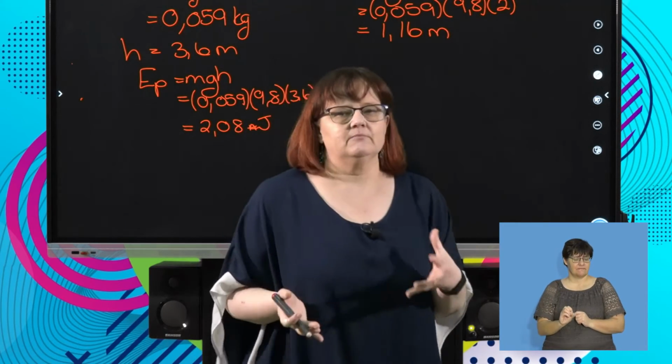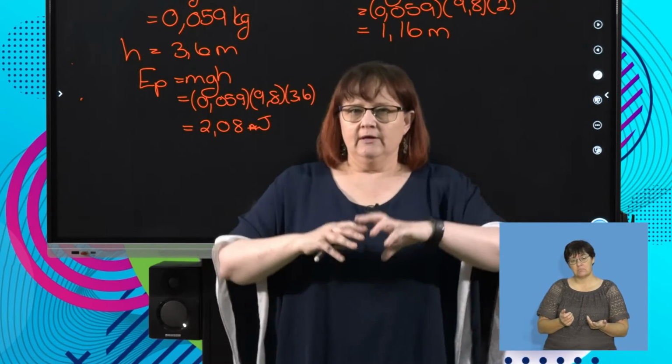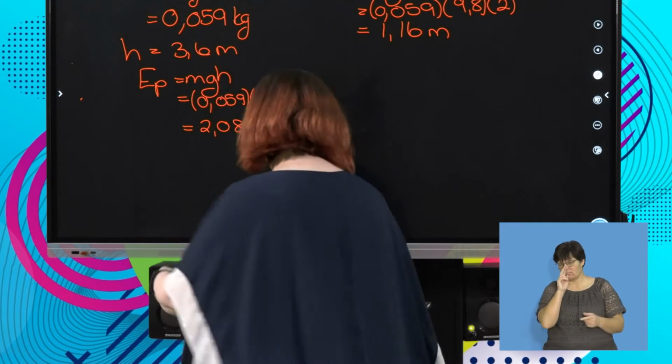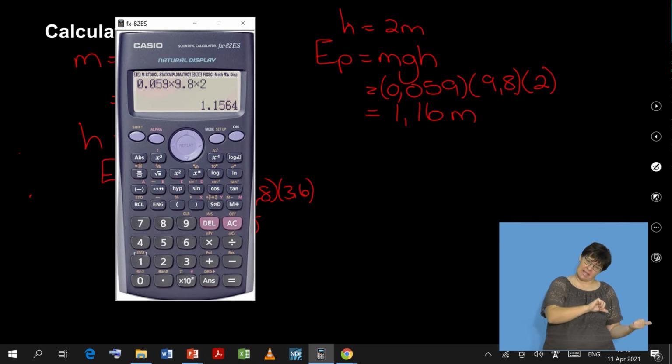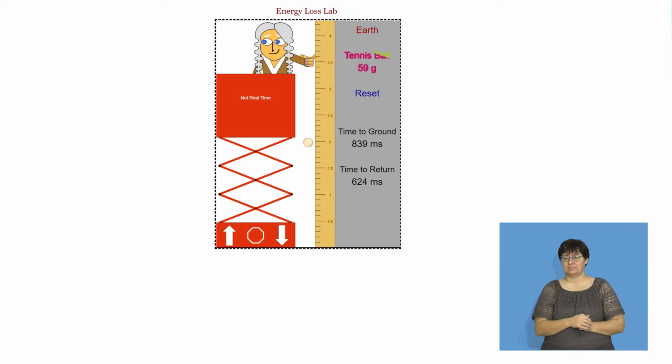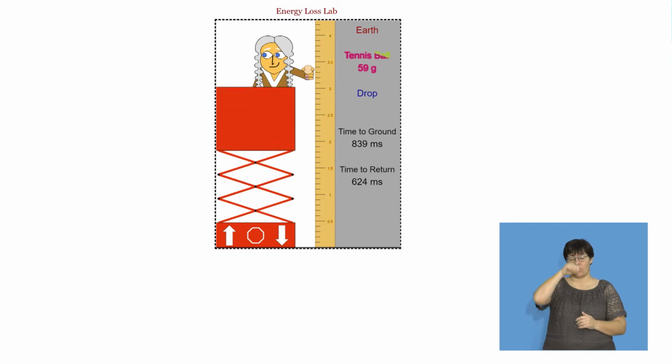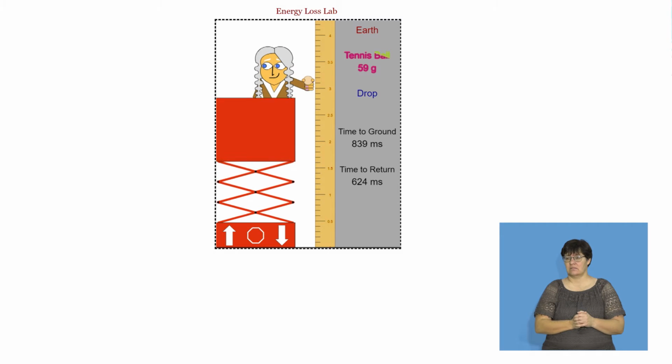Now, here we can see that I changed the height, so I changed the potential energy, but let's see if we can get something that's a little bit more, whether they're directly proportional or that sort of thing. So we're going to go back to our little man. Okay, there he is. And we're going to reset, and I'm actually going to drop him down. So at the moment he's 3.6. If I take him down to 1.8, so he's going down, it's taking him a while.